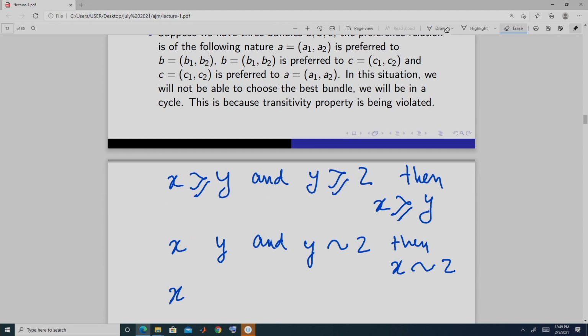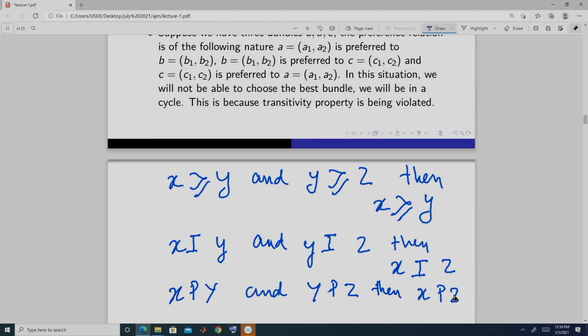Suppose I prefer x to y and I prefer y to z, then I prefer x to z.